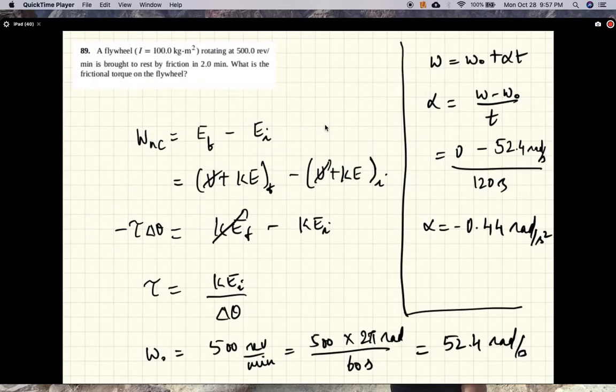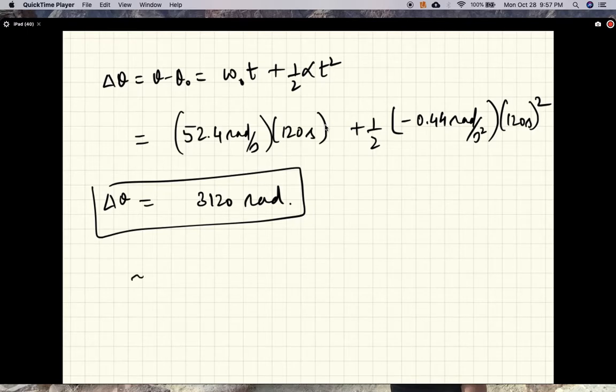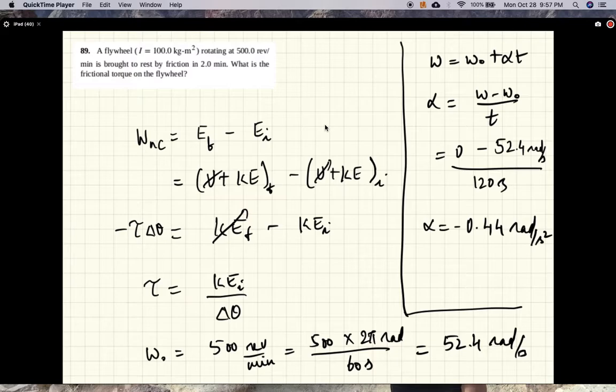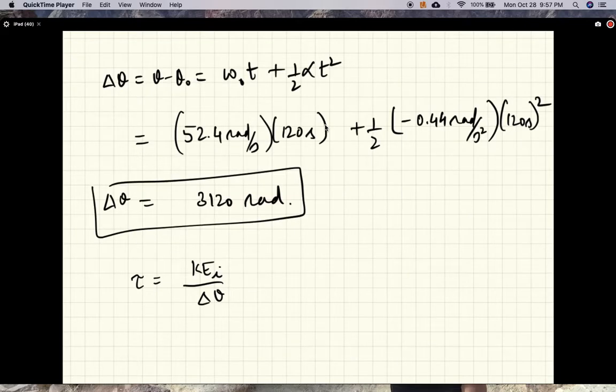Okay, so now the frictional torque is initial kinetic energy divided by theta, and that's the magnitude of the torque.